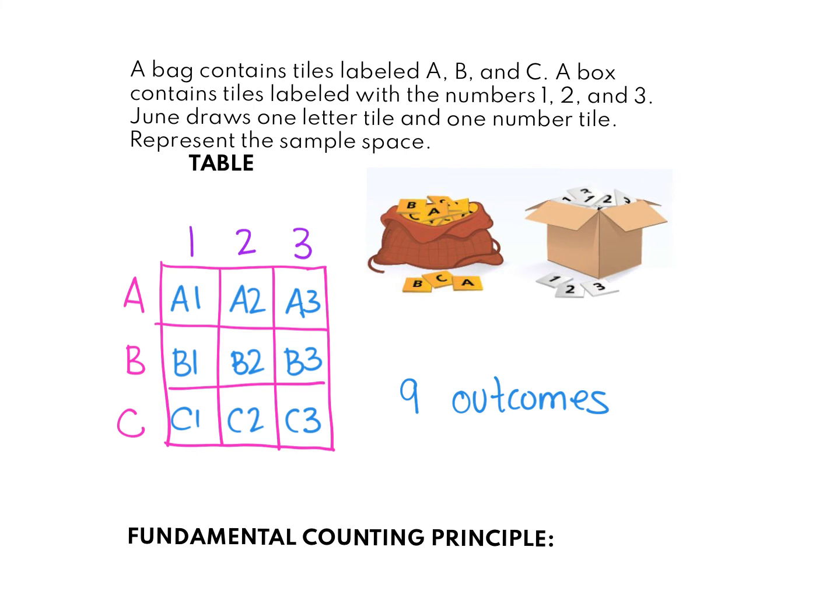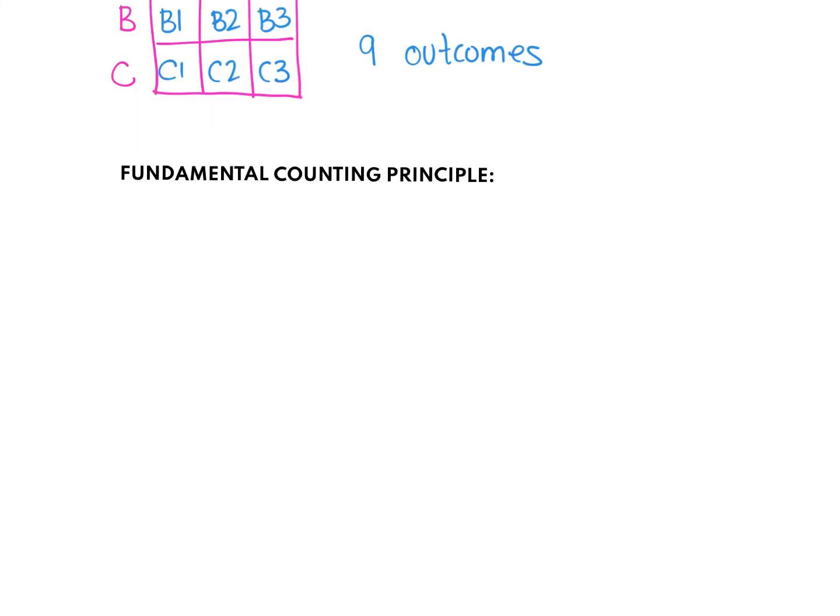Last but not least, I want to go through what is called the fundamental counting principle with you. This is just a rule to find the total number of outcomes.